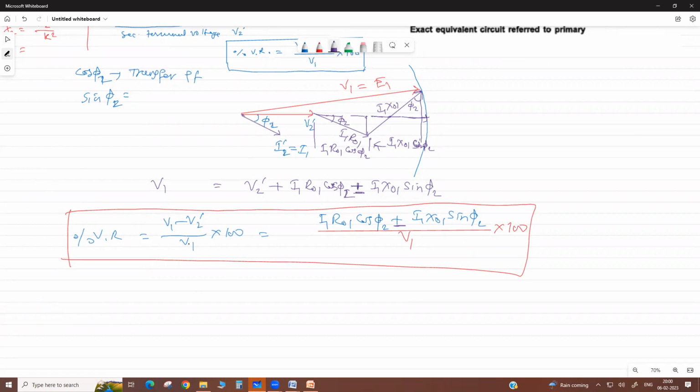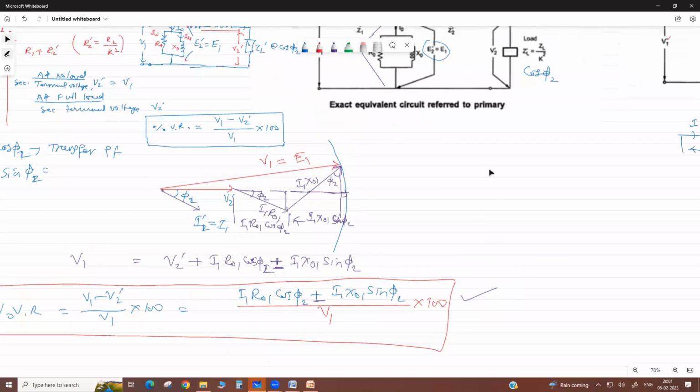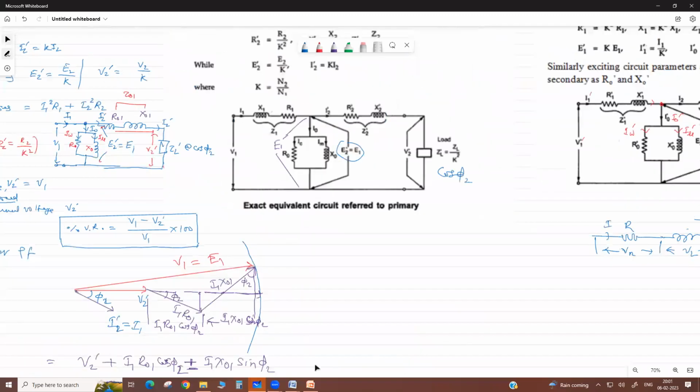You get all the things. Now you know I1, you know R01, power factor 0.7, then everything is available. Just put in this formula. Please solve today, otherwise you will not be able to solve.